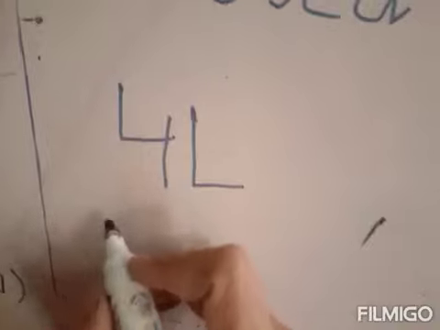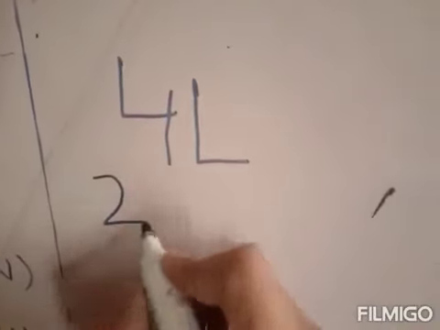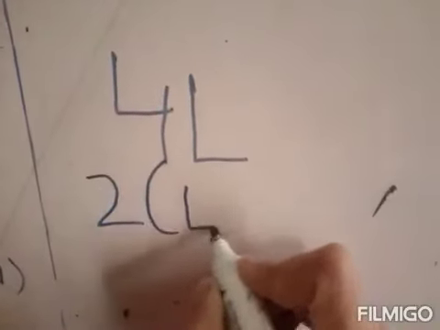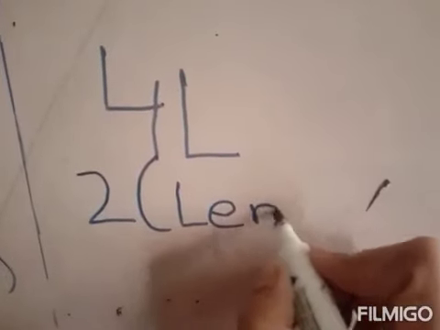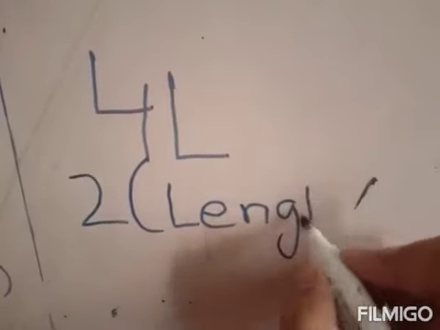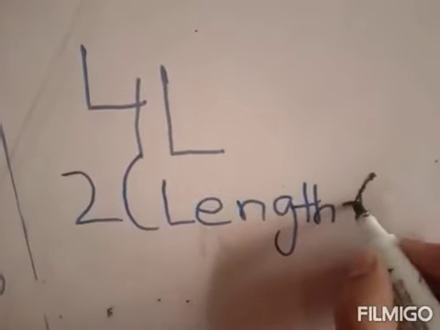So its perimeter will be equals to 2 multiply by length plus breadth.